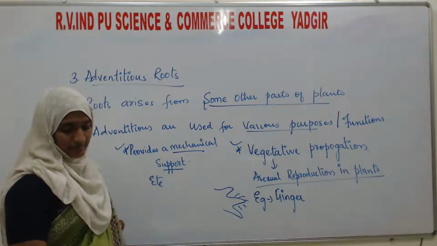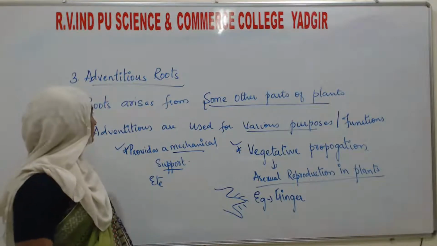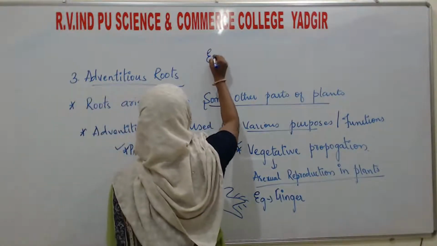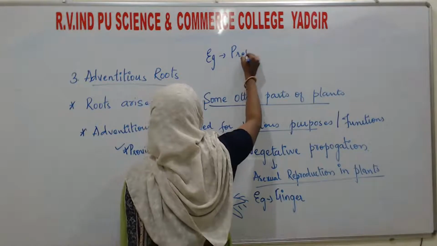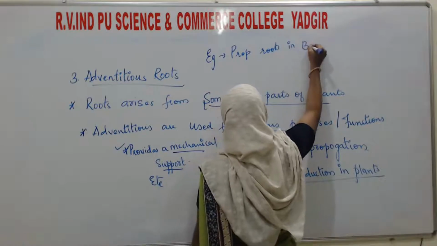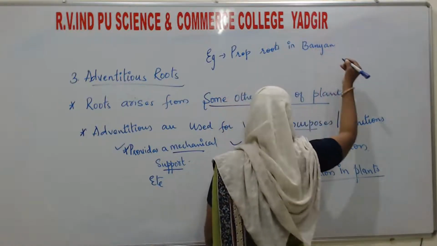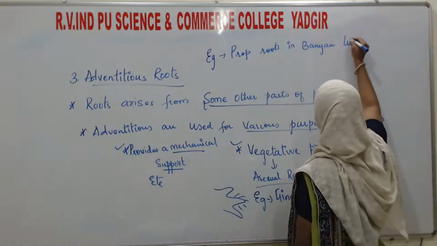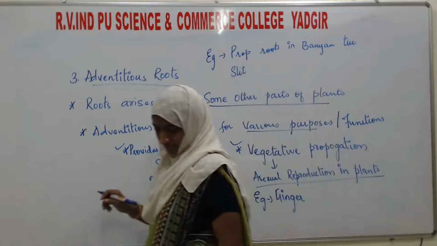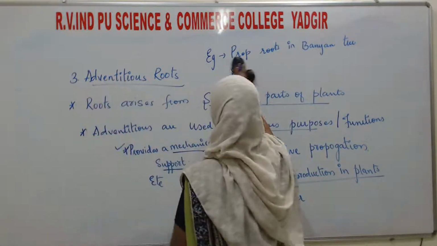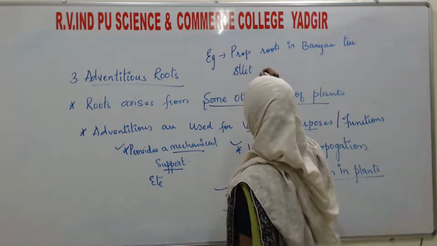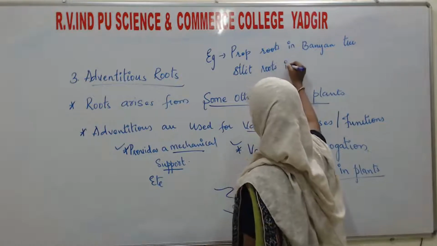The next thing here, what are the examples of these adventitious roots? Examples: prop roots in banyan tree, and stilt roots in maize.